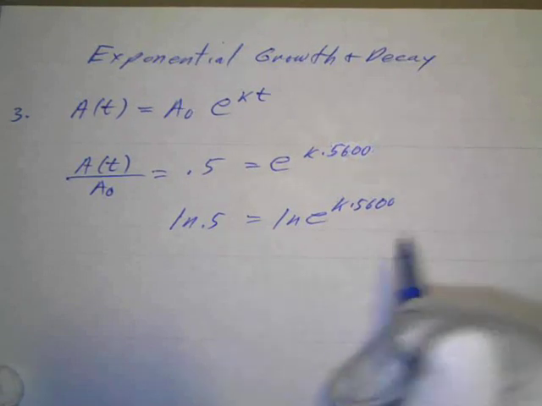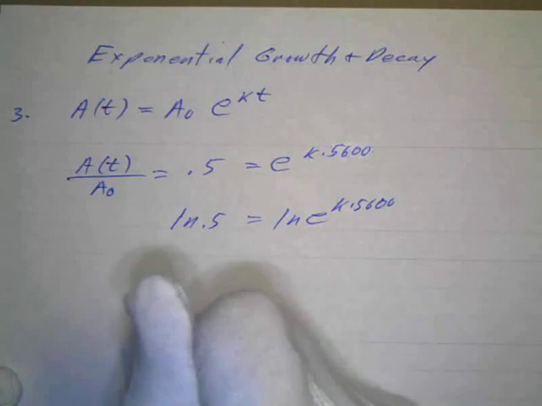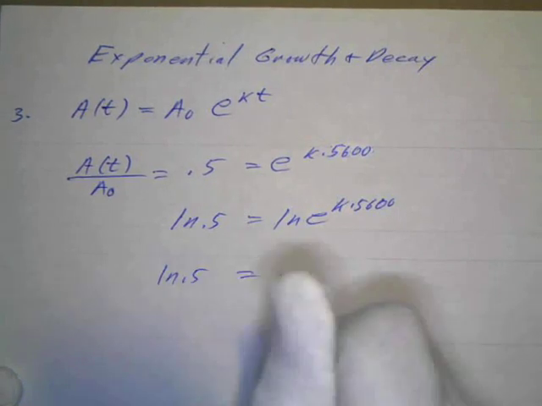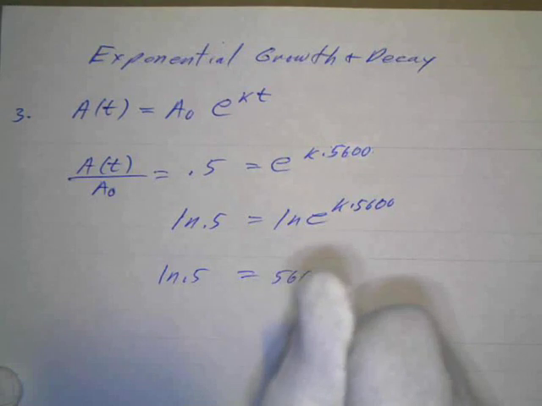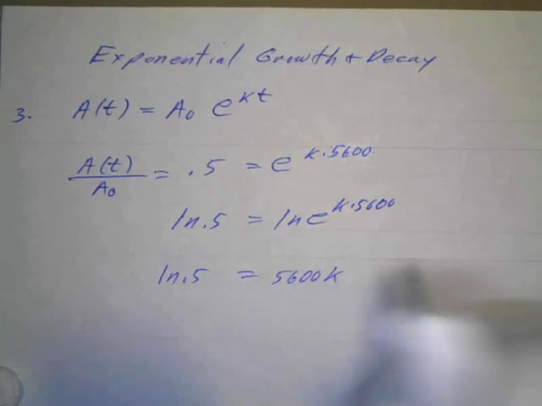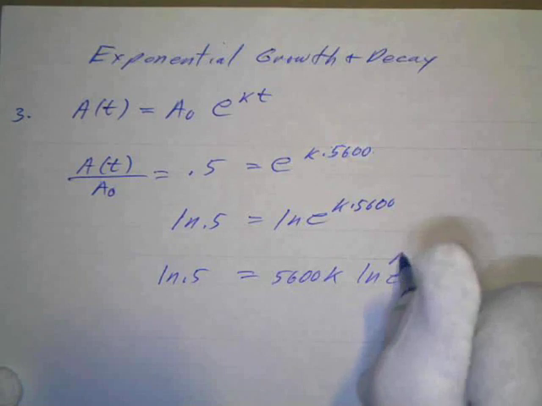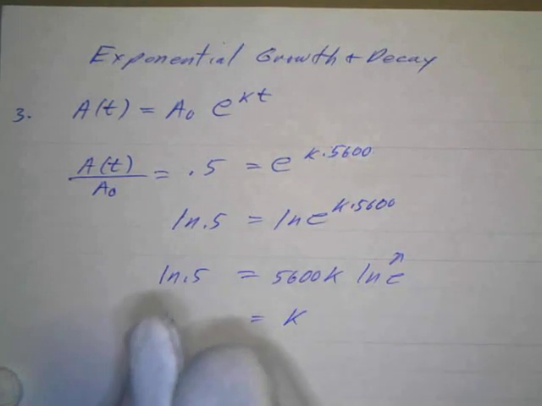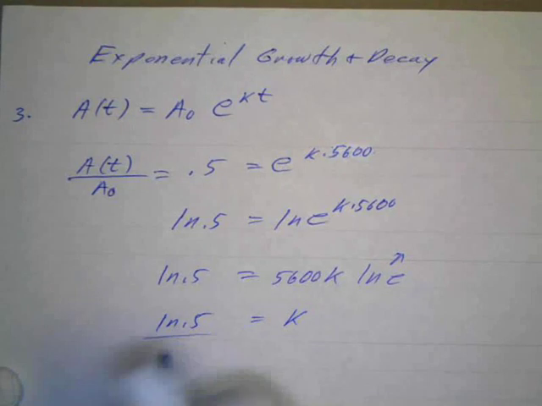And then we can bring this in front. So I've got the natural log of 0.5 equals 5,600 k times the natural log of e, which goes to 1. So k will equal the natural log of 0.5 divided by 5,600.